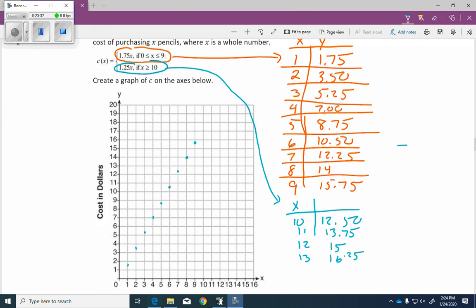So I plotted all the points from my first table. I'm not going to connect them because I can't buy pieces of pencils.